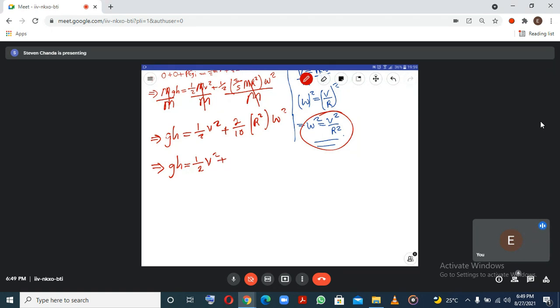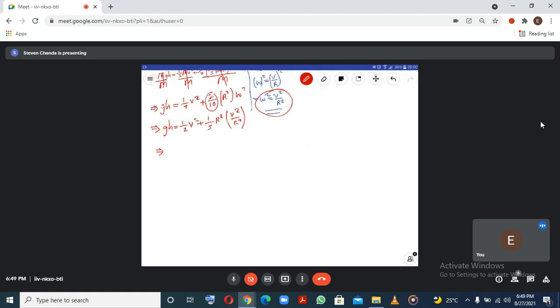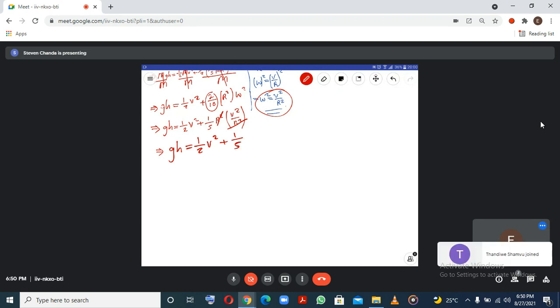So you can reduce this to 1 over 5. So that's that.